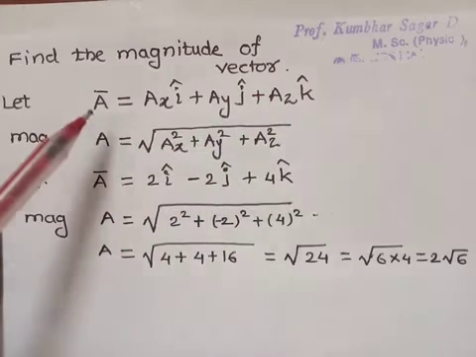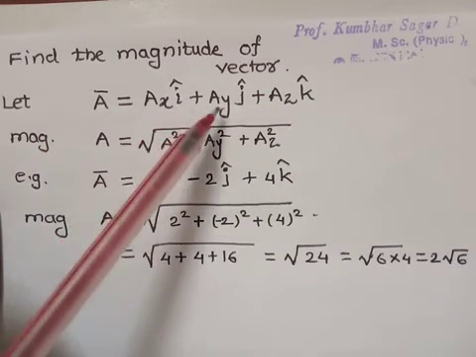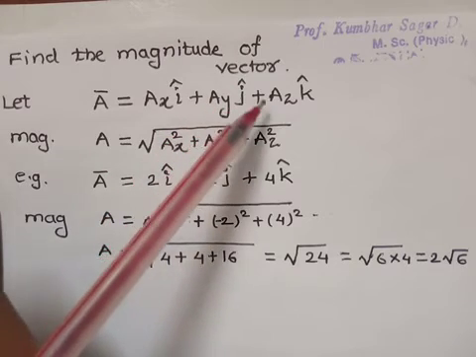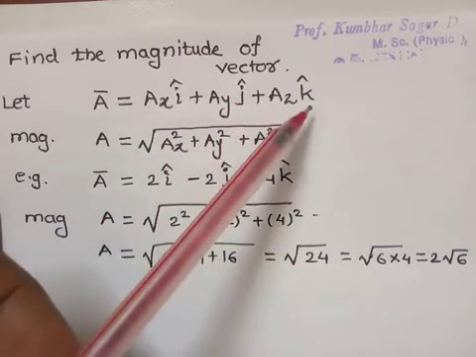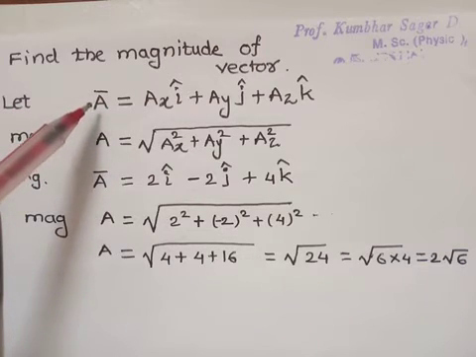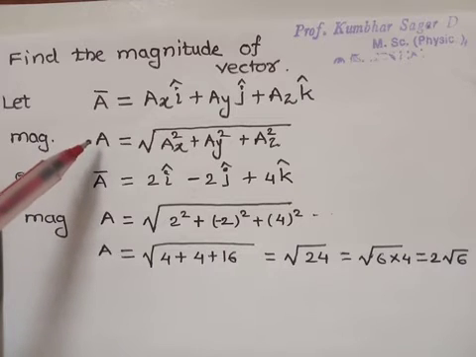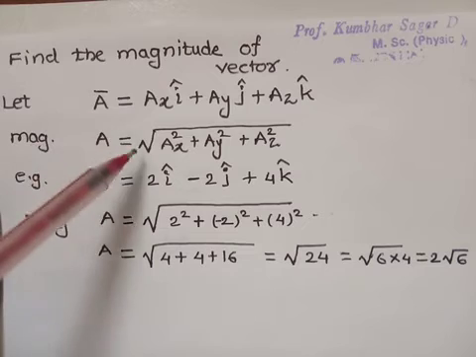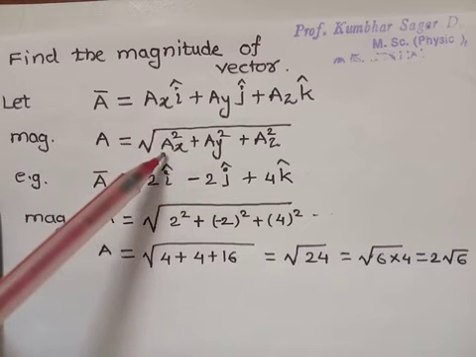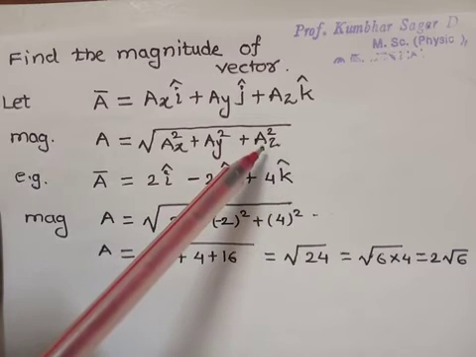Similarly, we represent B bar equals Bx i cap plus By j cap plus Bz k cap. Now this vector A bar gives a magnitude A. Hence, the magnitude of any vector A is equal to square root of Ax square plus Ay square plus Az square.